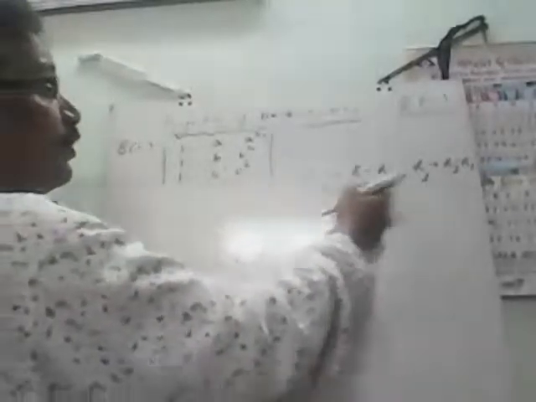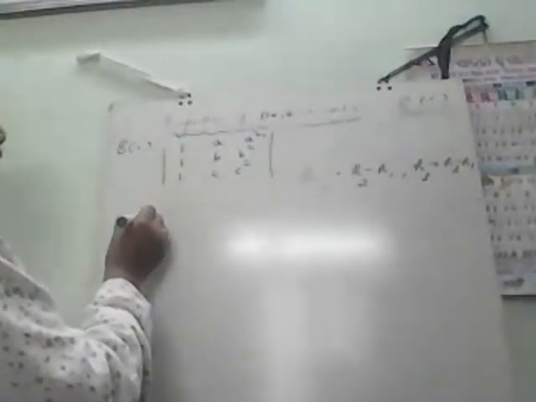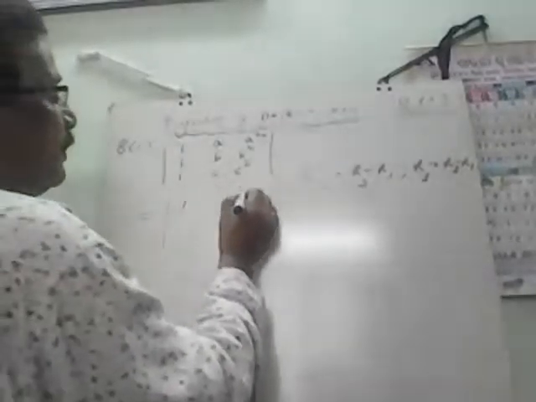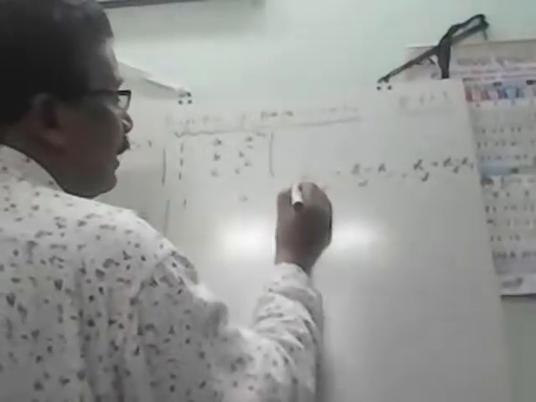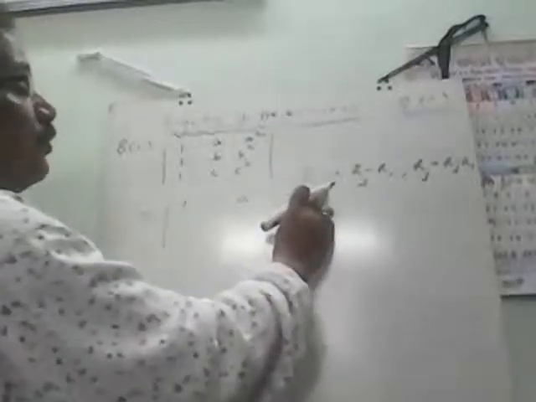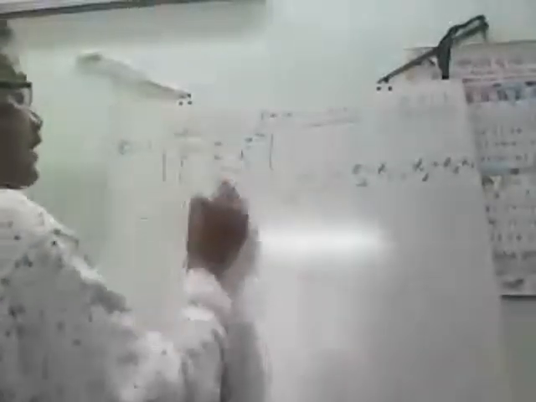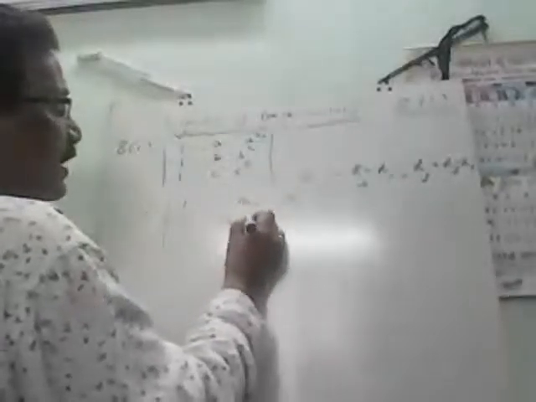No change along row 1, so 1 a square. Change row 2: row 2 replaced by row 2 minus row 1. So 1 minus 1 is 0, b minus a, and b square minus a square.